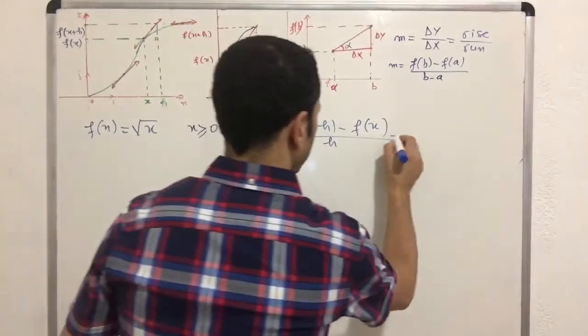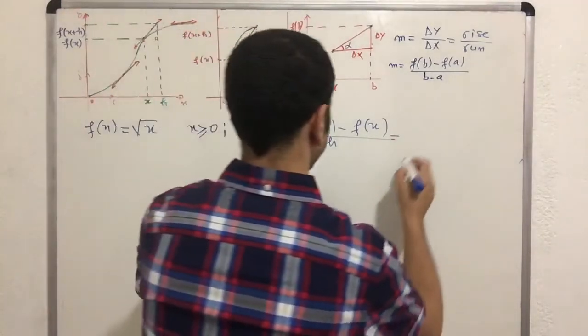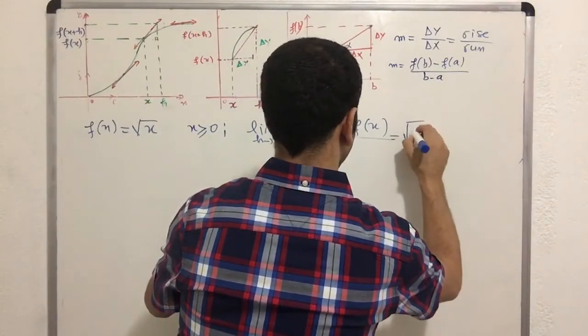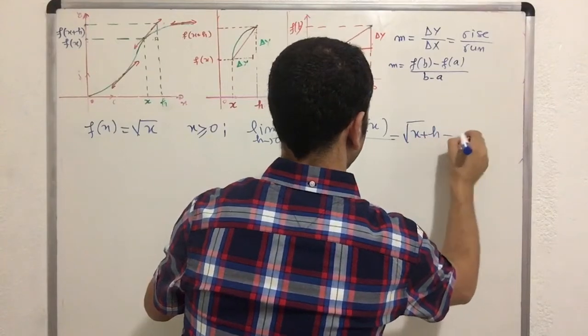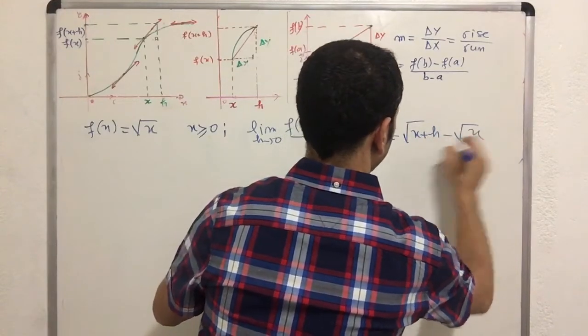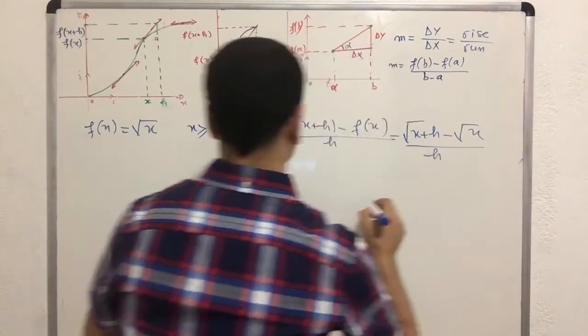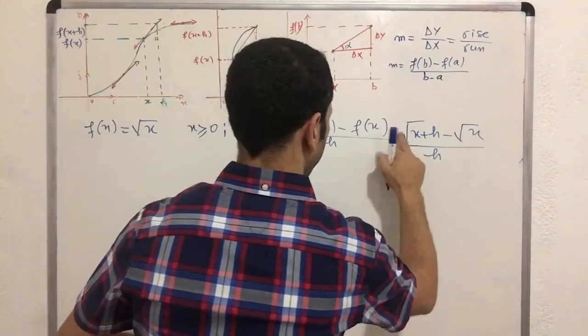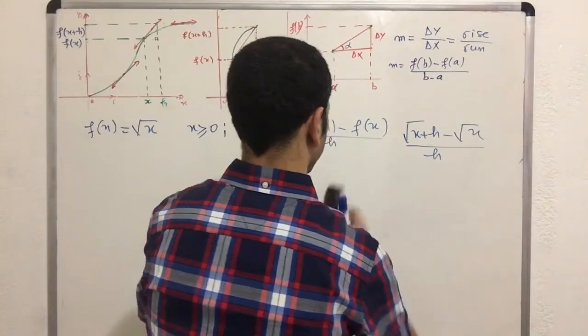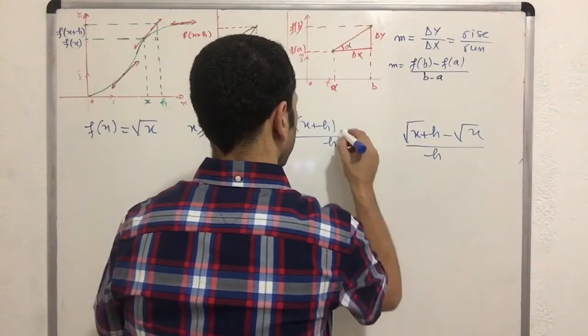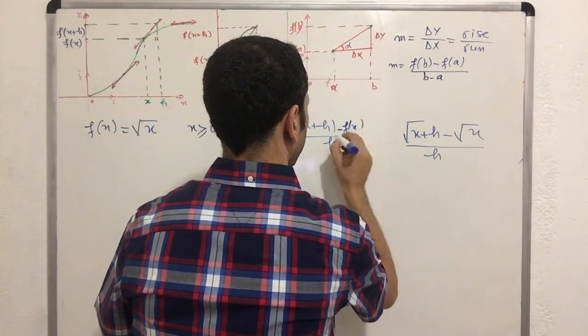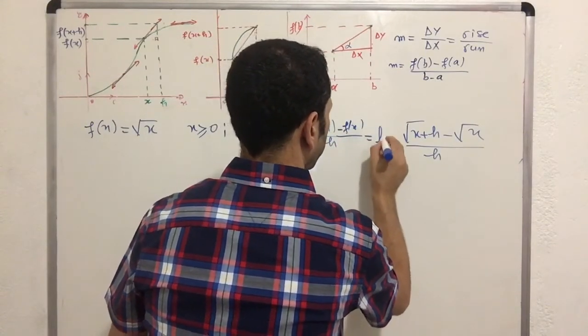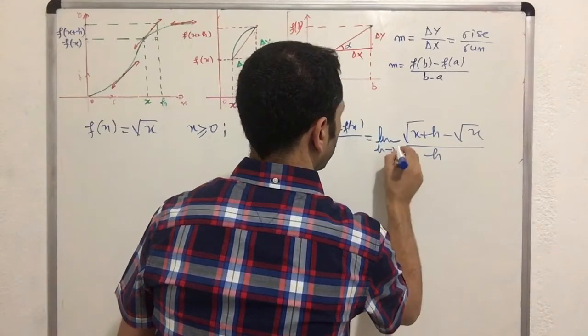So this gives us the square root of x plus h minus the square root of x over h. Don't forget, here is the limit as h goes to 0.